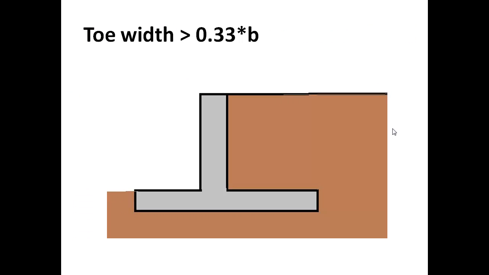And the toe width. What is the width of the toe region? We can generally assume the toe width will be greater than 0.33 times the width of the base slab.